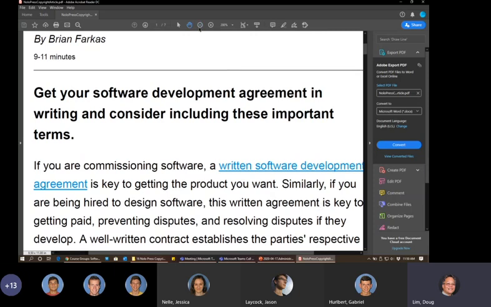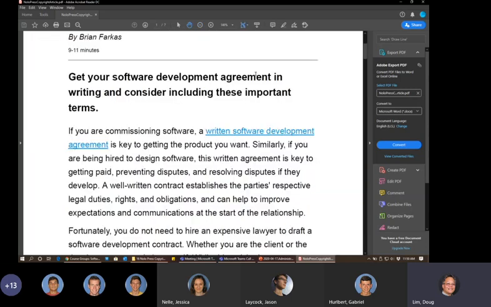So this is basically talking about some of the basic legal information you need to know as an engineer, I think it would be, and then some nuances that pop up with software contracts.